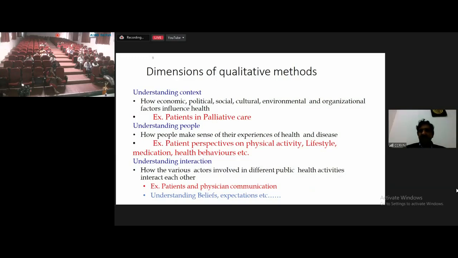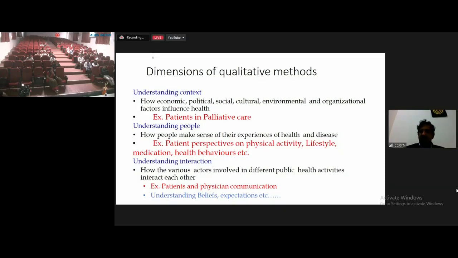Understanding people, how people make sense of their experience of health and disease, like patient perspectives on physical activity, lifestyle, medication, health behaviors, etc. For example, a diabetes patient. Sometimes some people get a diagnosis of a simple disease like diabetes, and they think it's a very big disease for them. They do a lot of activity, they become physically active, they take it up on themselves.